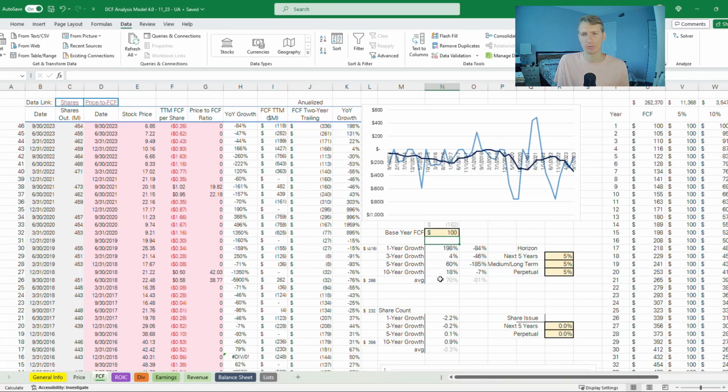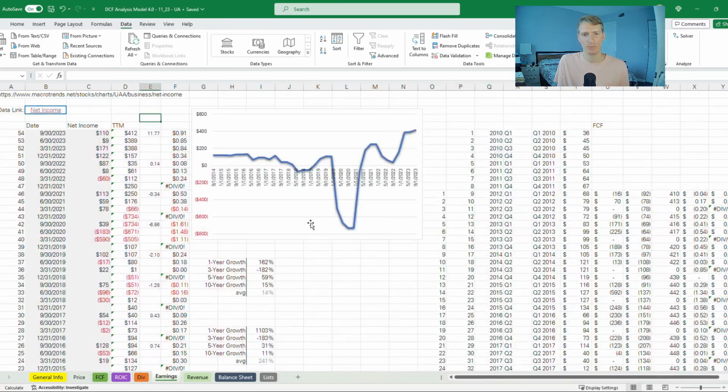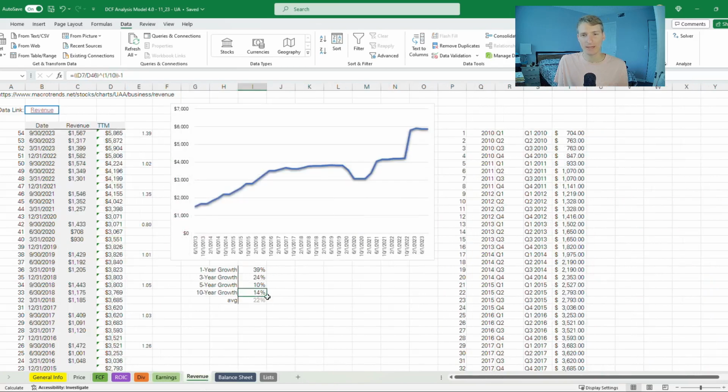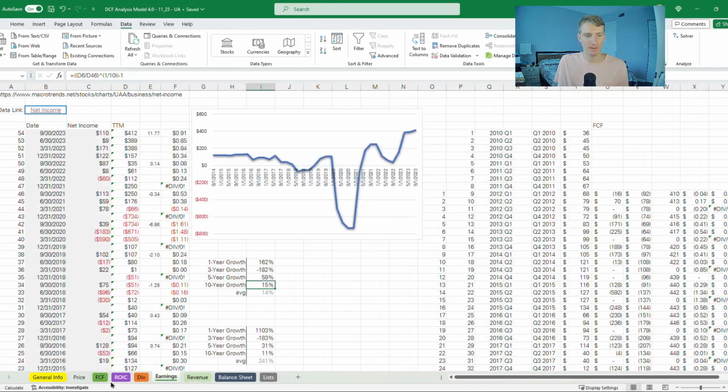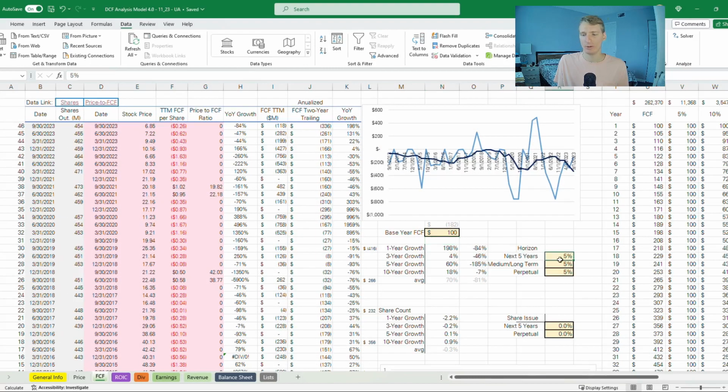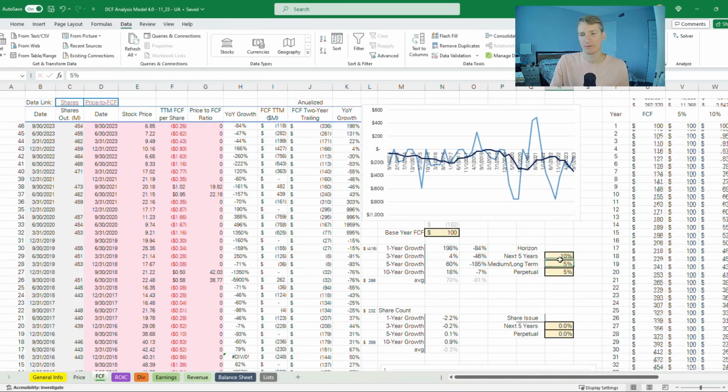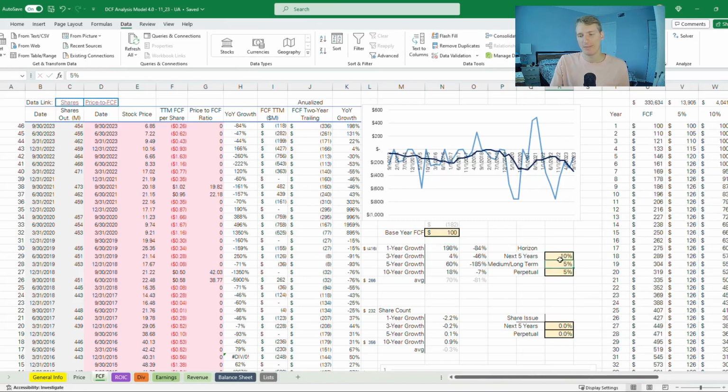And what kind of a growth rate should I use? Well, when we look at earnings, it's grown 15% per year over the last 10 years on average. And when we look at revenue, it's actually the same. So, okay, 14 is a little steep. Maybe we'll say something like they'll grow at 10% per year for the next 5 years. And then they'll grow at 6%, let's say, over the next 15 years.